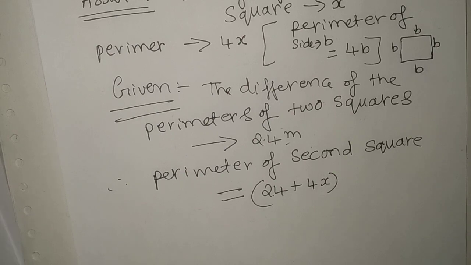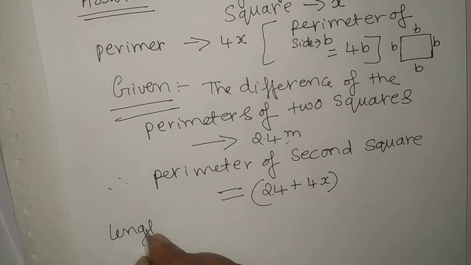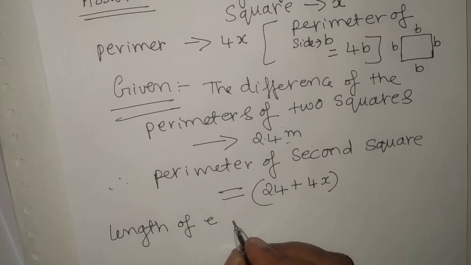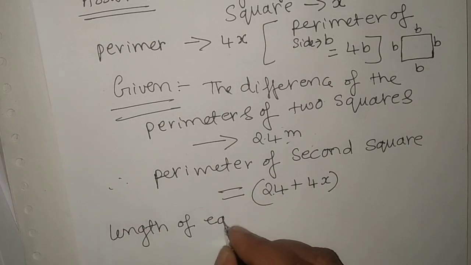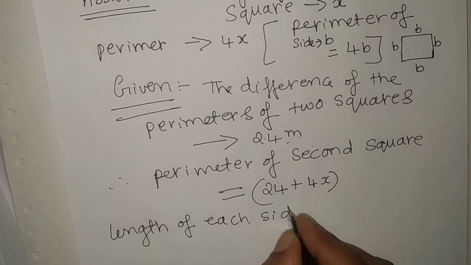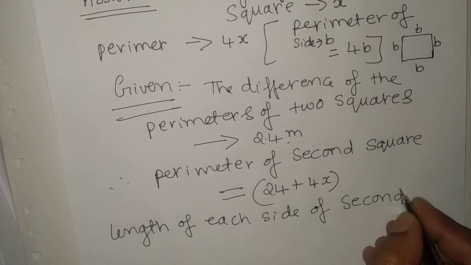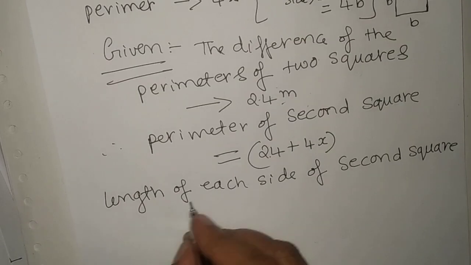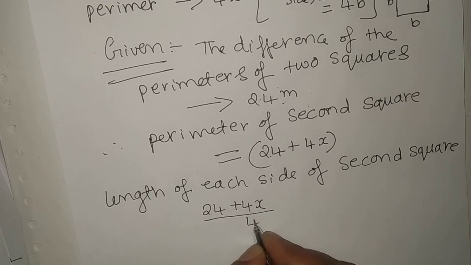Now the length of each side of the second square is 24 plus 4x by 4.